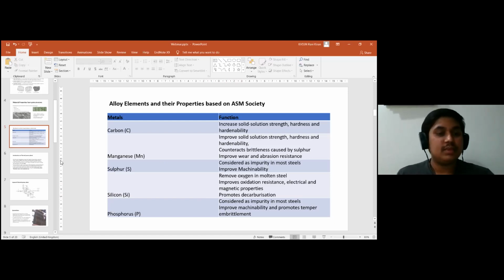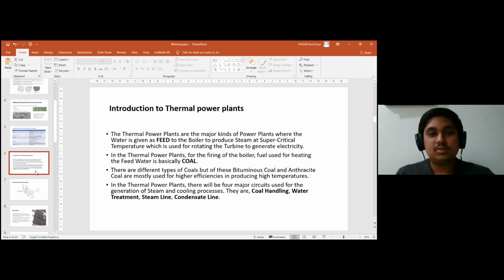And coming to the thermal power plants, these are the basic kind of power plants which we can find right now. If we don't go into the future, these are the major kind of power plants right now, which work on a simple principle of heating the water and using that steam to run the turbine.